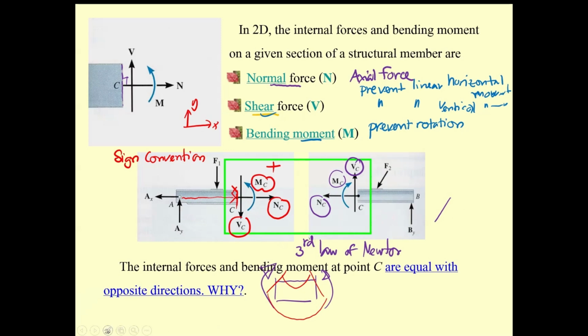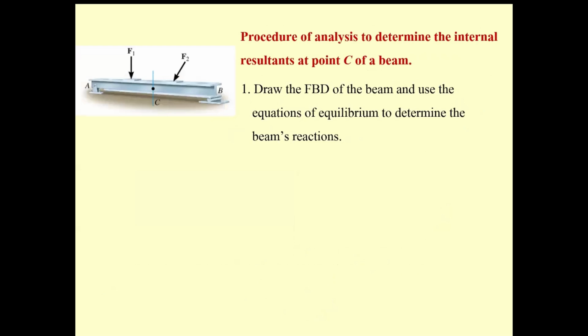Under positive moment, you have to reinforce this beam with steel on the tension side. Okay, you get it like this one. That's the new concept. When it's subject to negative moment, you have to put more steel on the top surface.